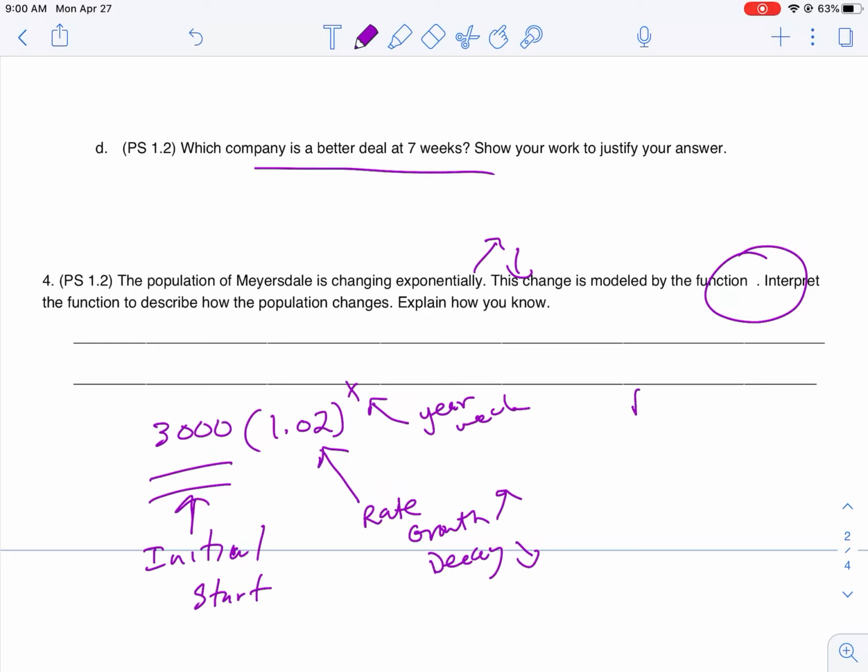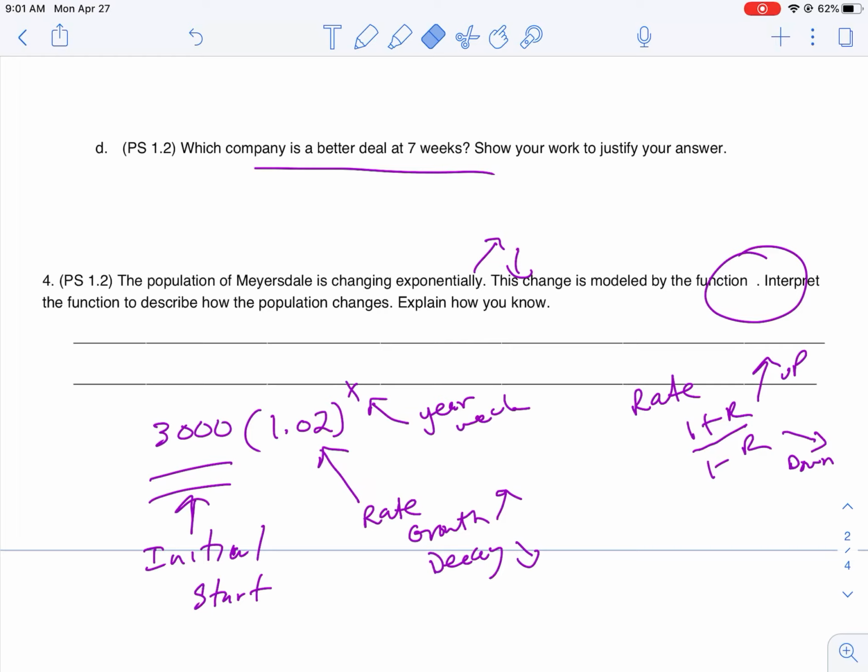We know the rate is always going to be 1 plus R or 1 minus R. So if it is larger than 1, we added the rate. If it's less than 1, we subtracted the rate, okay? So if it's 1 plus R, the rate is going up. If it's 1 minus R, the rate is going down. Pretty simple to understand that.